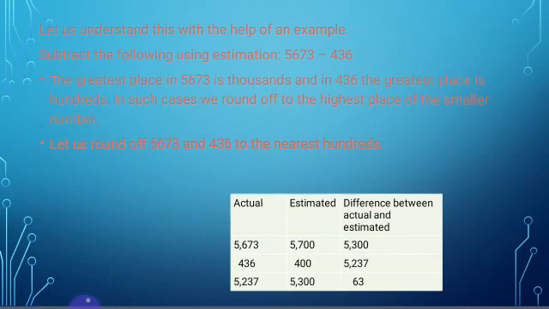The same concept is used whenever we have to estimate a number. In case both the numbers have the same highest place values, we round off the number to the highest place value. I hope everybody has understood subtraction and estimation.